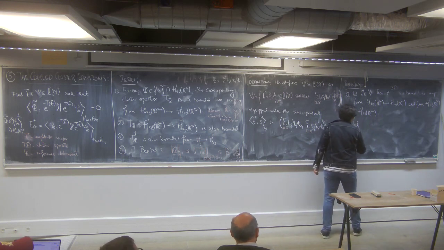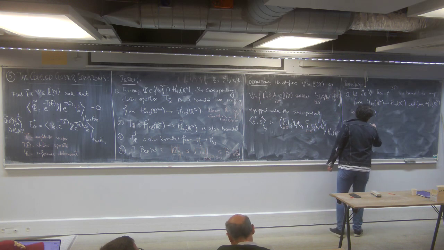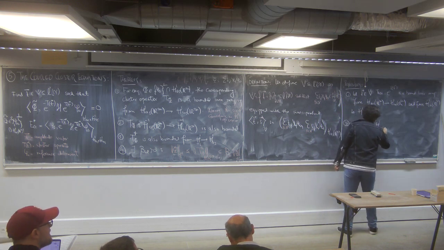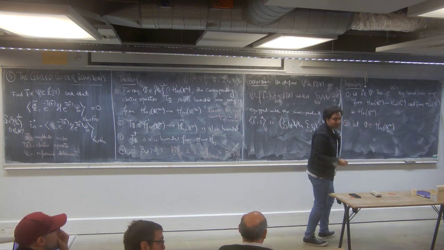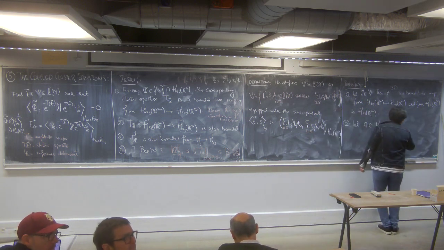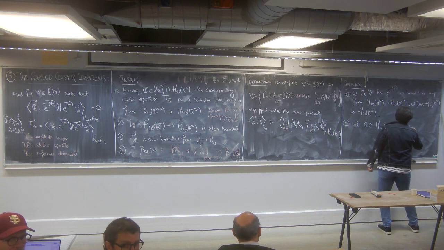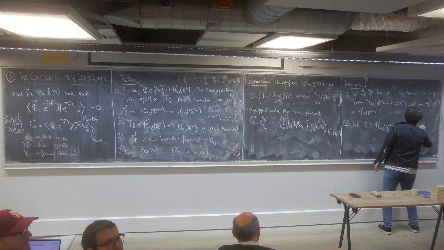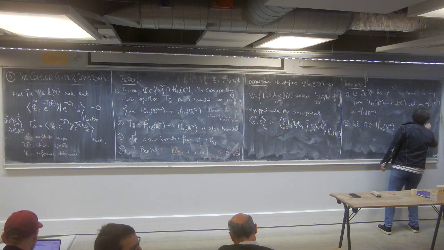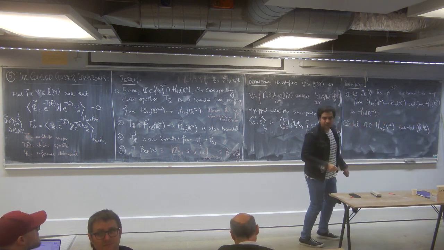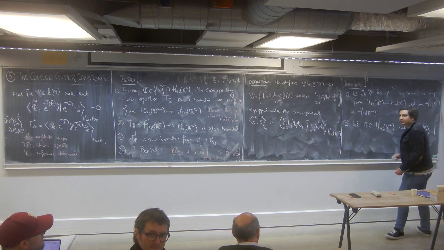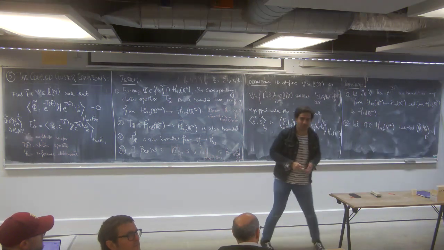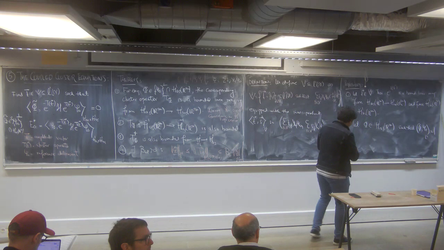So let phi be an arbitrary element of the function space H1 antisymmetric R3n, such that the L2 inner product of phi and the reference determinant psi 0 is exactly equal to 1. This is called intermediate normalization in quantum chemistry.